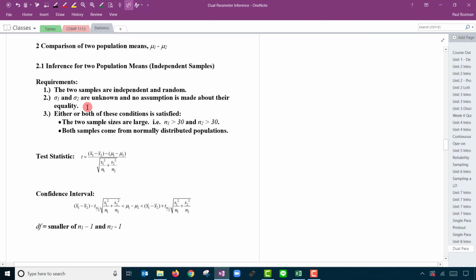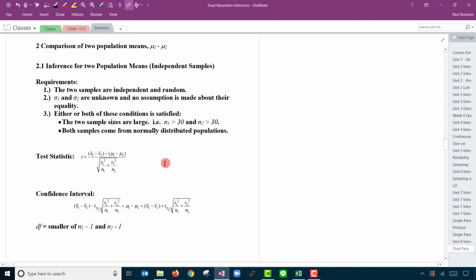But let's just do a case where we're never going to know anything about our variances, and therefore we'll use the formulas given here. In order to do a comparison of two means, we're going to do the case where we don't know what sigma is, which means we will use the t-distribution. And in order to use a t-distribution, we need either that the populations are normal to begin with, or we need to make sure our sample sizes are large enough, using the magic number of 30.